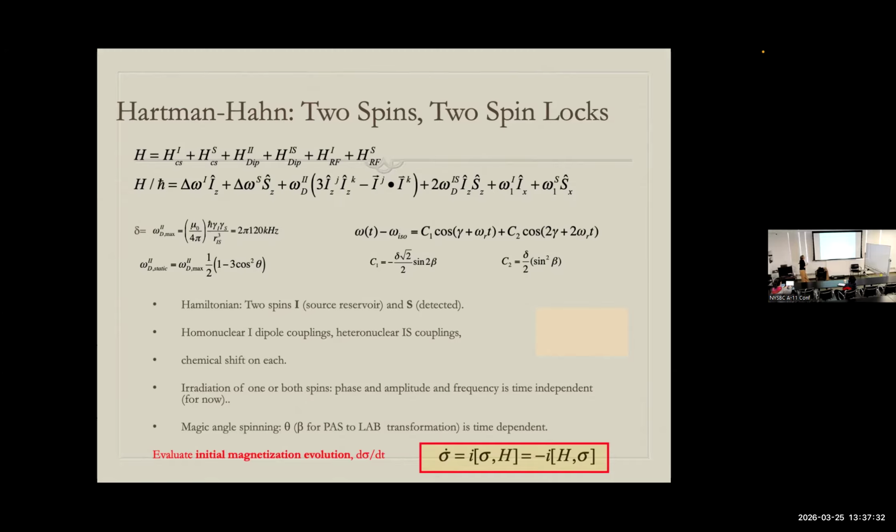So I could rewrite that being a little more detailed about the functional forms that we know about, and also just turning it into a frequency because we're used to reading it that way, and product operators. So it's delta omega for I, and that's the IZ operator for the chemical shift. Delta omega for S, so the offset, and then that's the SZ operator for chemical shift for S. Dipole-dipole couplings.